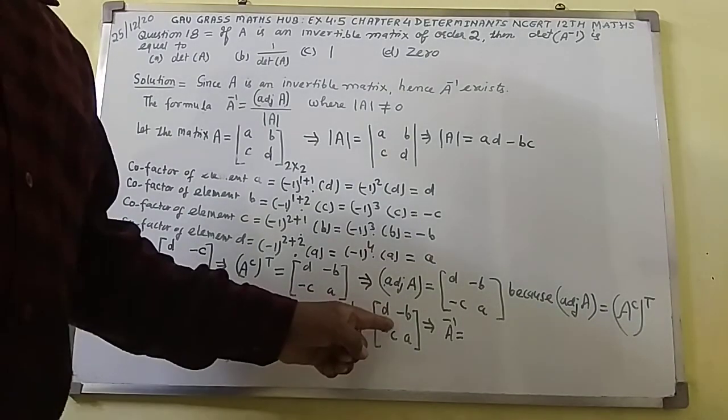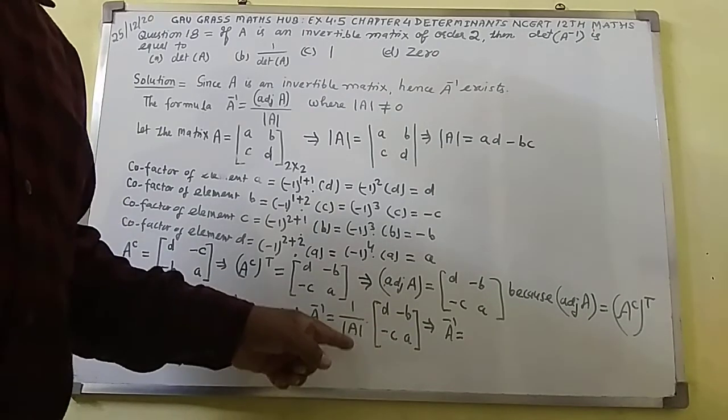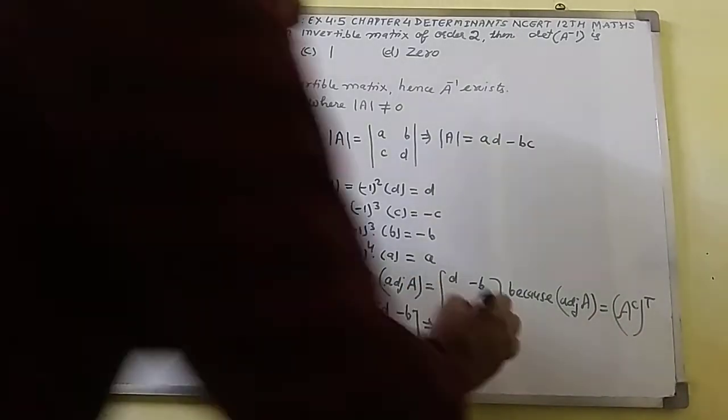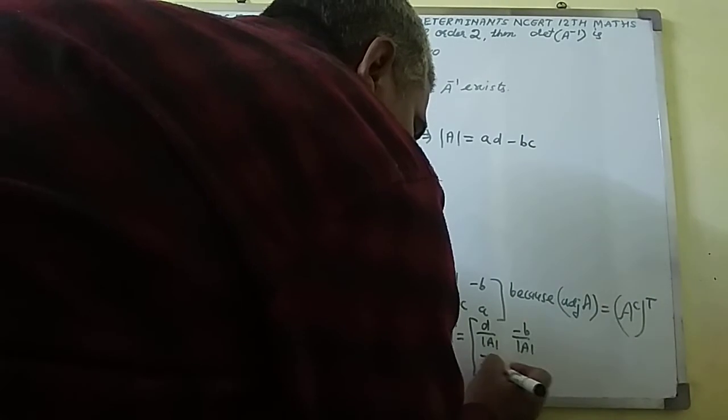So each element of this matrix will get multiplied by 1 over det A. So here I shall write d over det A. Here write minus b over det A, and here I shall write minus c over det A. Here I shall write a over det A. This thing will be written.